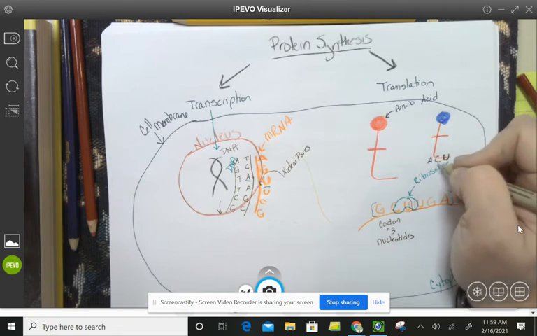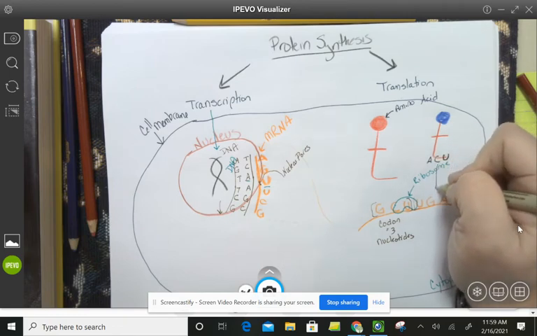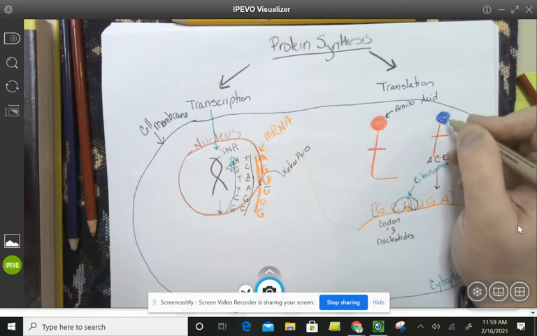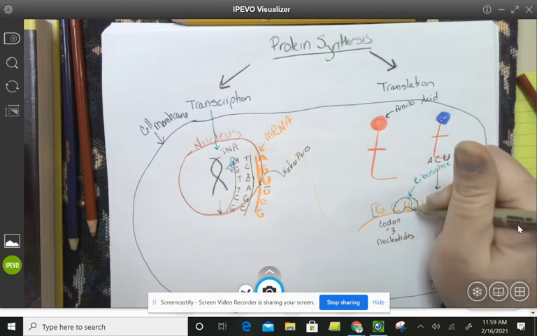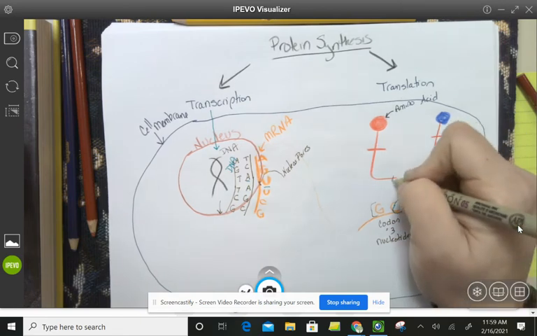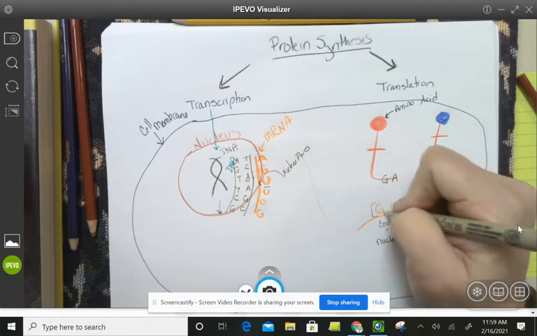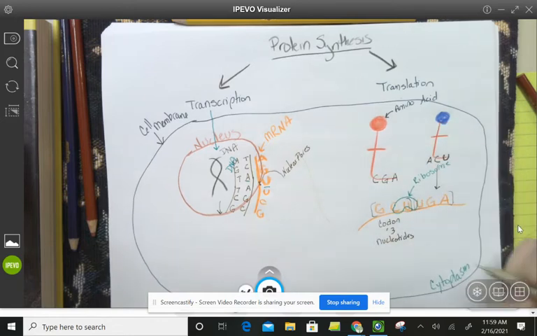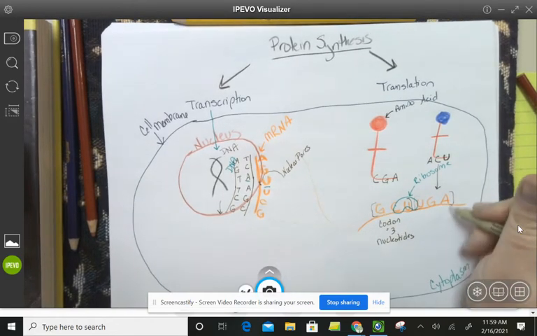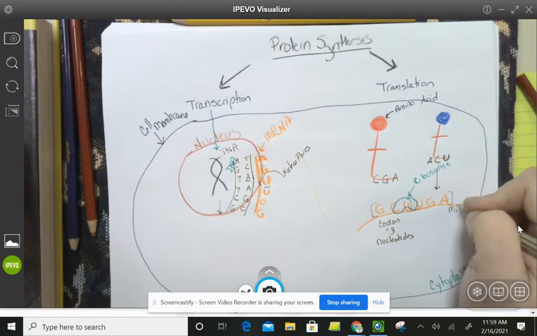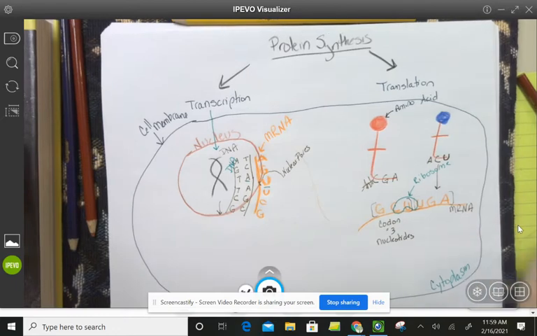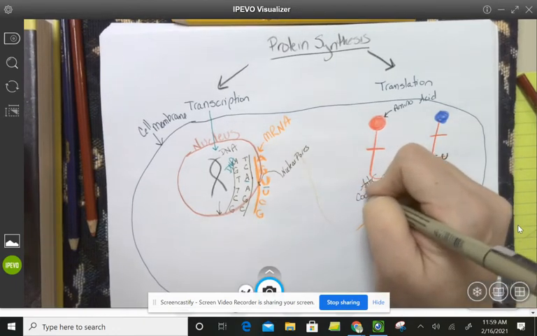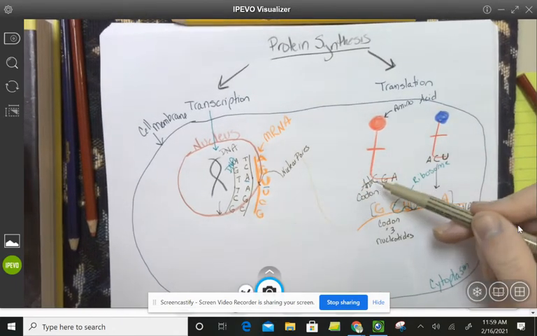This is going to come and park itself right there, and it's going to leave the amino acid behind. It's going to leave it here. On this side, U is going to pair with an A, C with a G, G with a C. And well, these are called codons because they're on the messenger RNA. These are called anticodons. Anticodon, because it's on the transfer RNA.